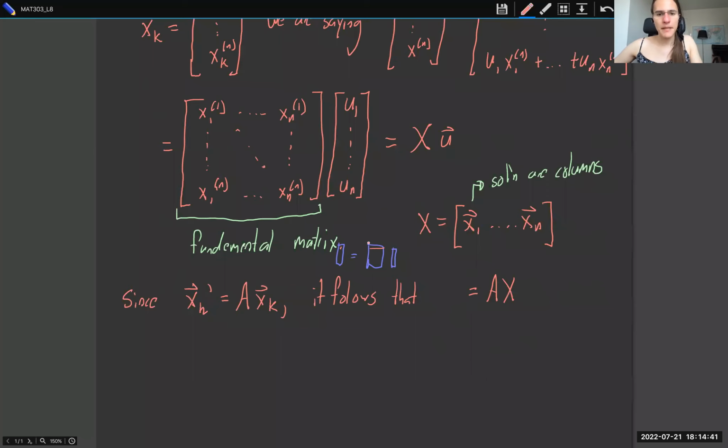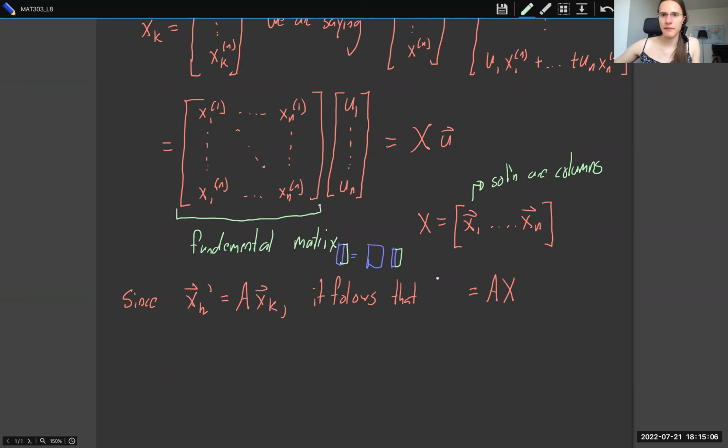And so what happens if instead of one column, you have two columns? Then the entries in here are going to be this times this, whereas the entries in here are going to be this times this. So basically, if you add columns, then these columns just get added here.